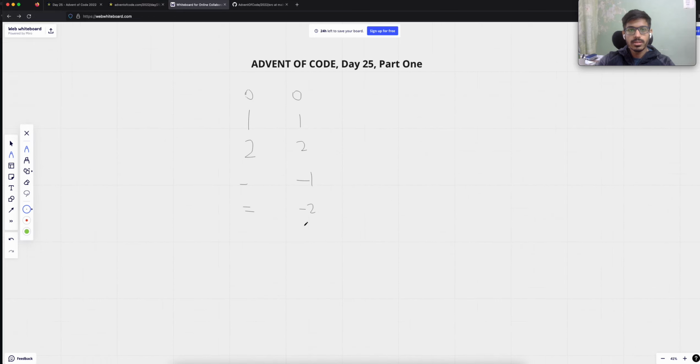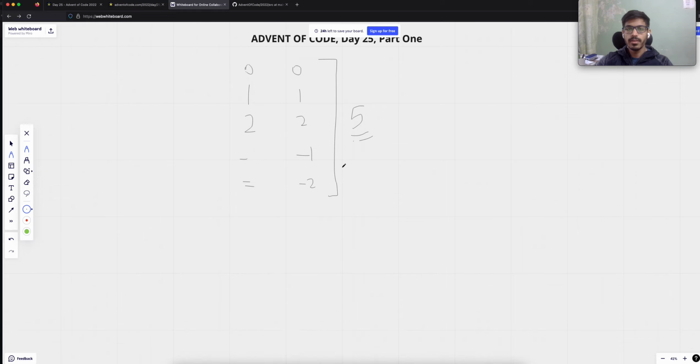If you notice, these are also 5 digits and the power is also 5. So it kind of gives a hint that each number can be represented in some shape or form using this 5.